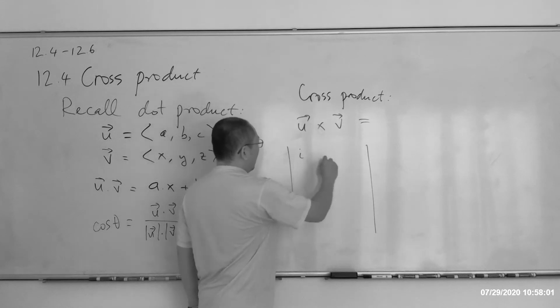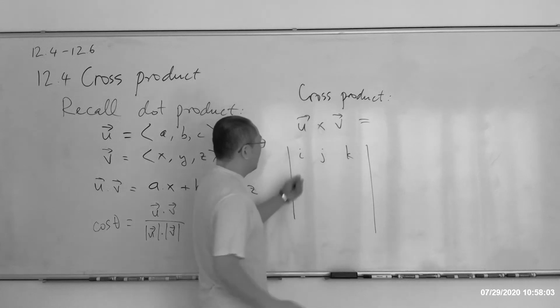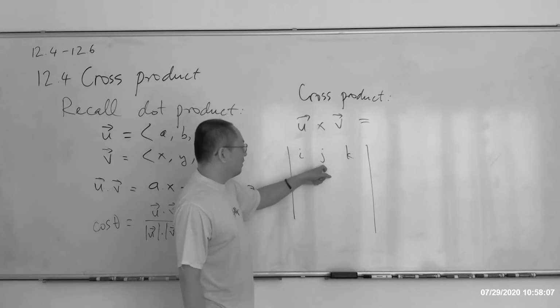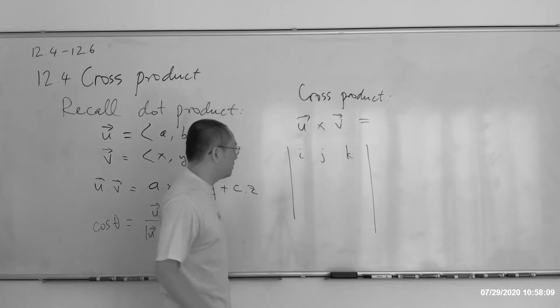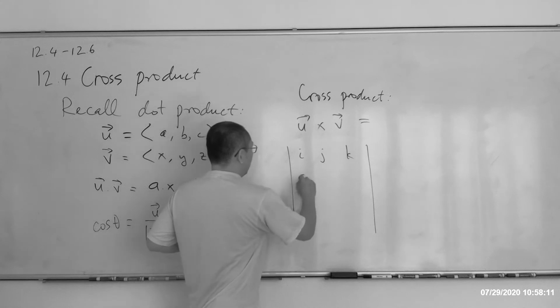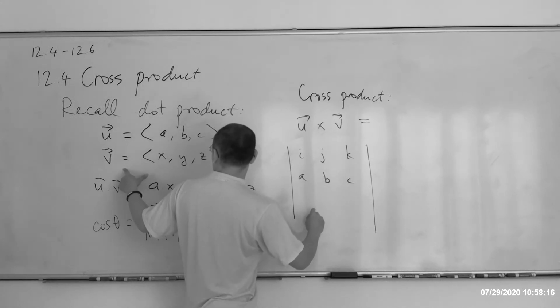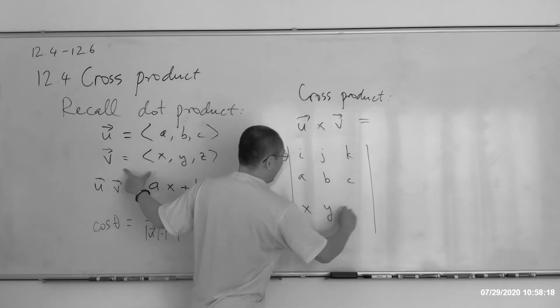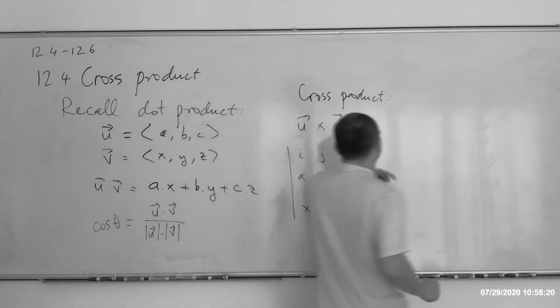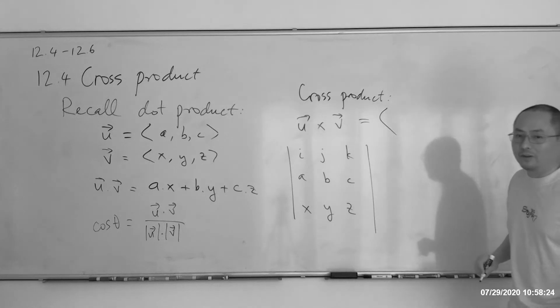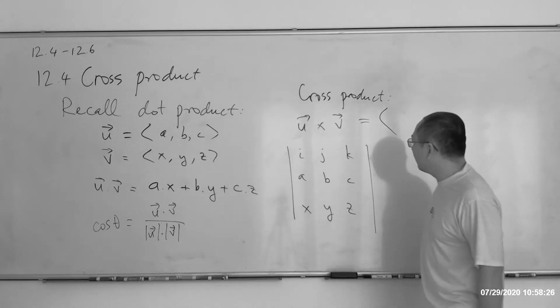So I, J, K: I represents the X direction, J is the unit vector for the Y direction, and K is for the Z direction. And U is what? A, B, C, right? And then V is X, Y, Z. So the cross product will give you back a vector. This is the definition from the book, and then I'll explain to you how we think of it.